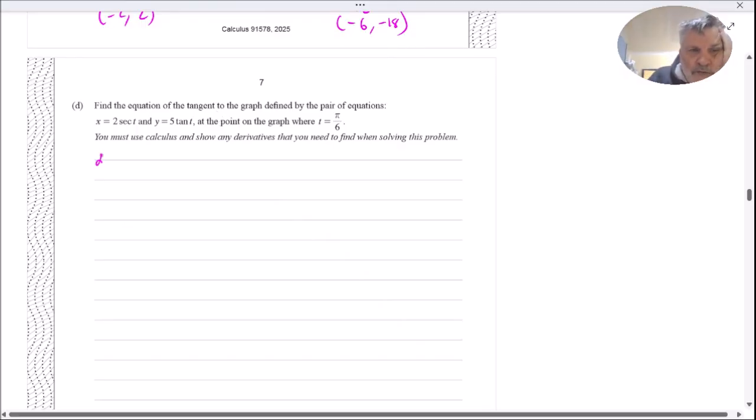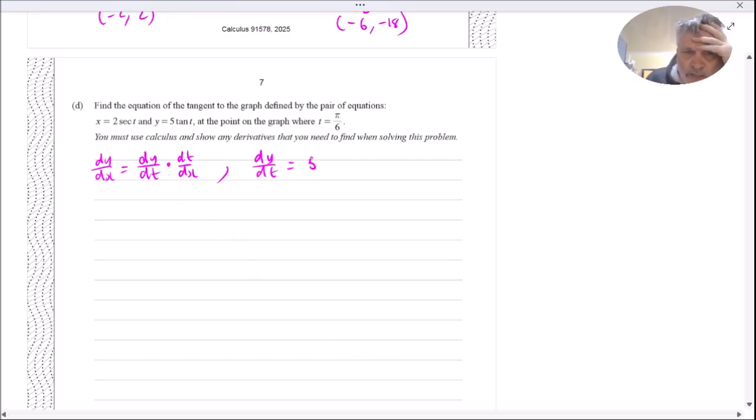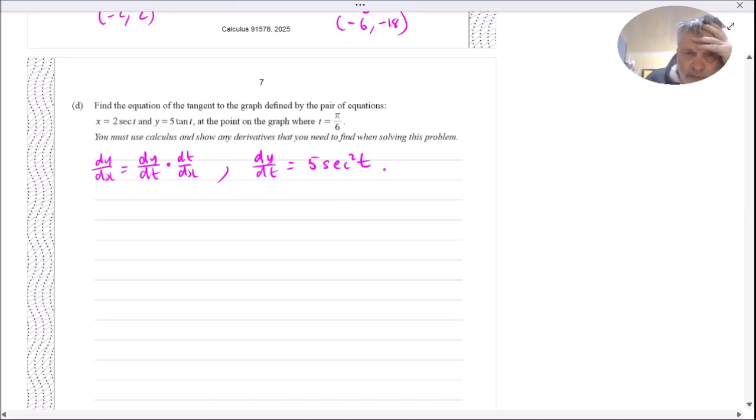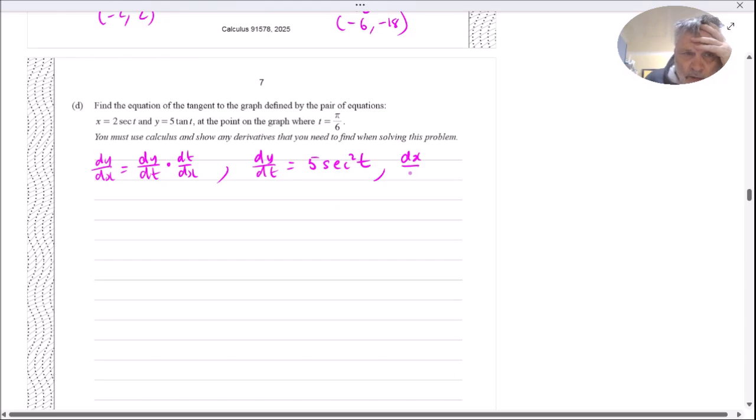So we need dy by dx, which for parametric equations, as we've already seen, is dy by dt times dt by dx. We need to find those things. So dy by dt, differentiate tan, you get sec squared, and differentiate sec, you get sec tan.